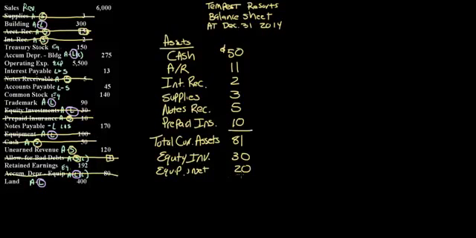So I'm going to report equipment net. Building, I'm going to do the same thing, building net. And so my building is $300, and I have accumulated depreciation on my building of $275. So I'm going to report my building net at $25.